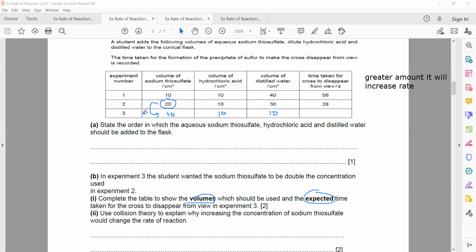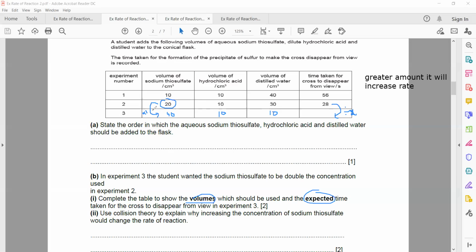For example, if the concentration is double, the time will be half. If it is taking 28 seconds when the thiosulfate was 20, but we double the amount of thiosulfate and make it 40, how much time will it take to disappear? It will be divided by 2.